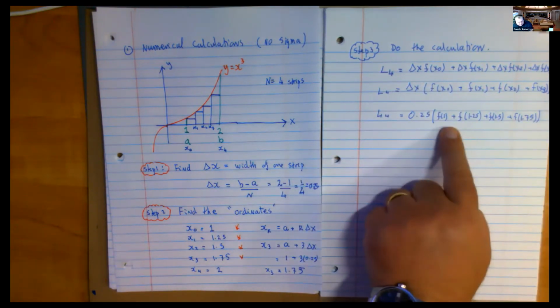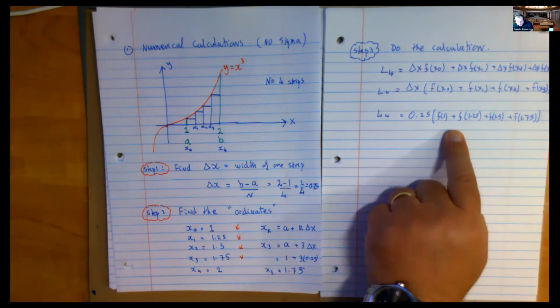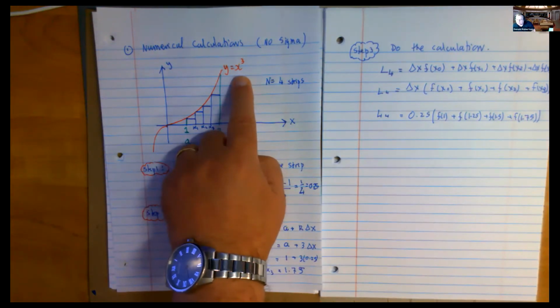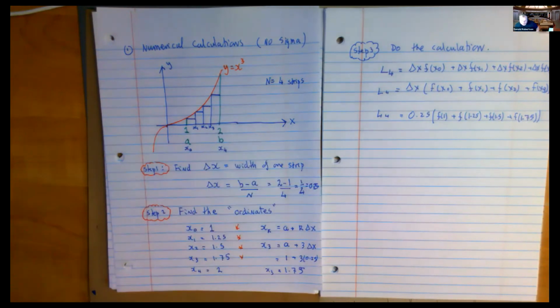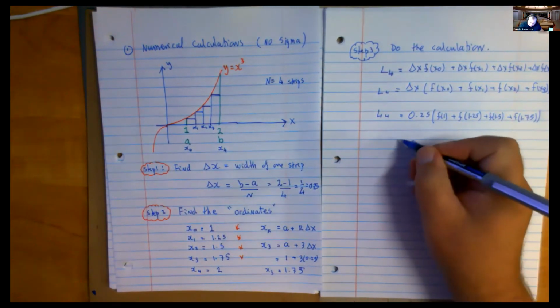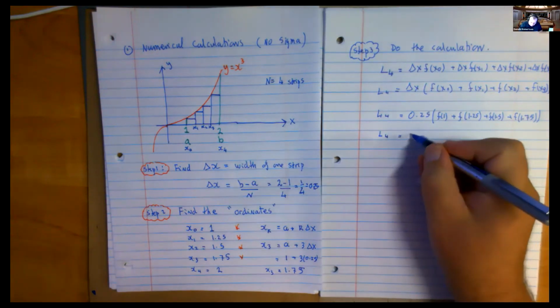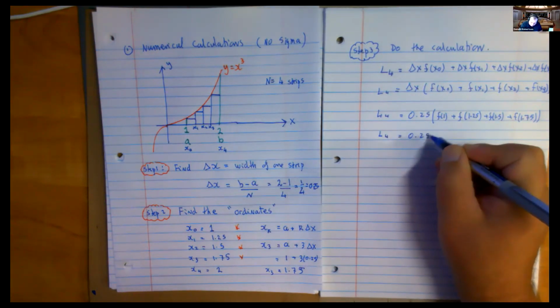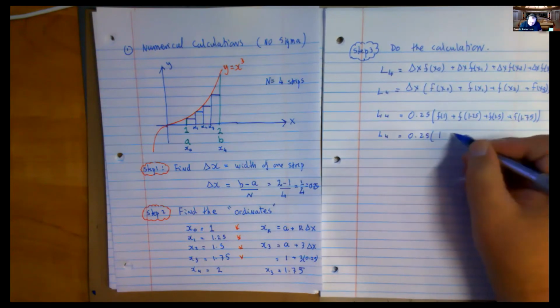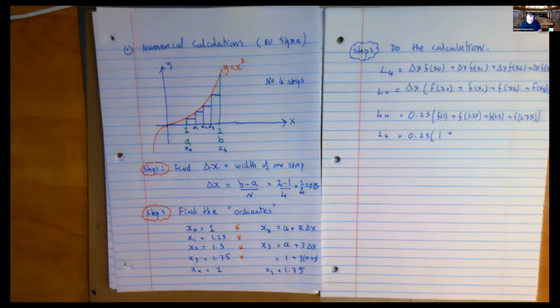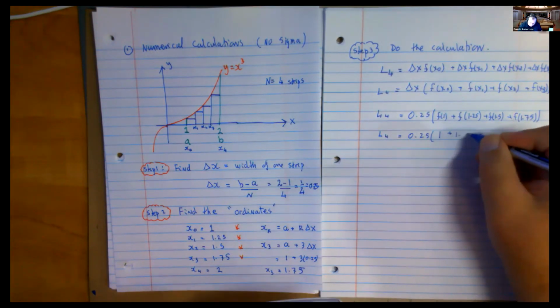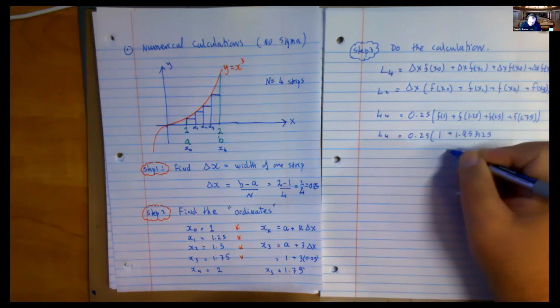Now these fellas here are actually going to be calculated, right, using x cubed. So let's see what that fella looks like. It's going to be 0.25 times 1 cubed, 1.25 cubed, which is 1.953125.